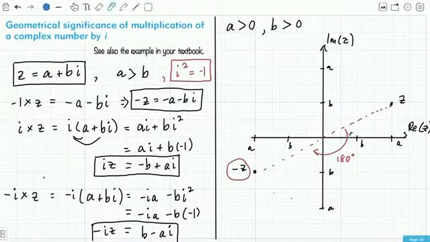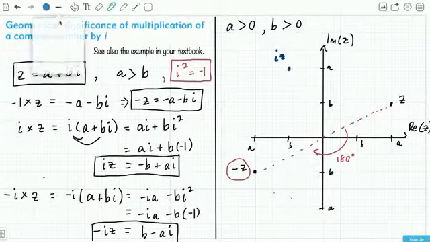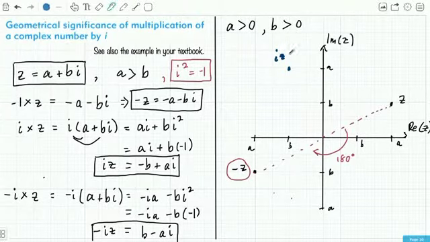If we look at iz, and that's -b plus ai, that would be up here, that's iz. What you'll notice here is that the complex number iz has been rotated, but this time it's been rotated around 90 degrees counterclockwise from z.